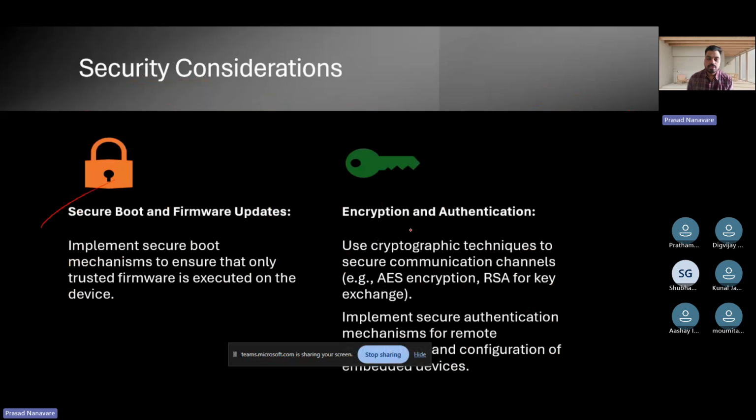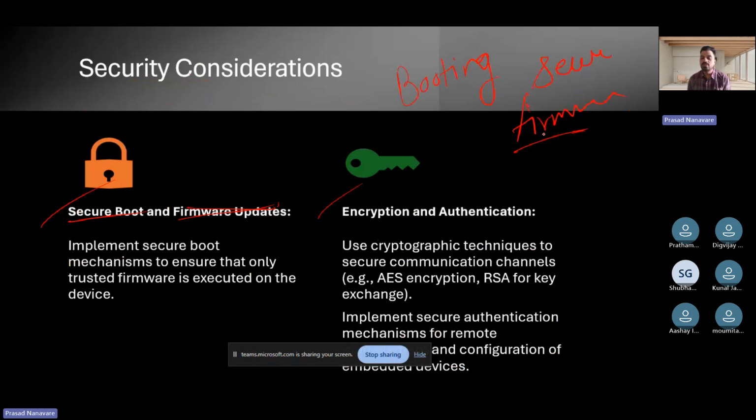Then some security considerations under the best practices are secure boot and firmware updates. Firmware update we just talked about. Secure boot makes sure that during the booting process only secure firmware will pass the test and it will boot the system into that.